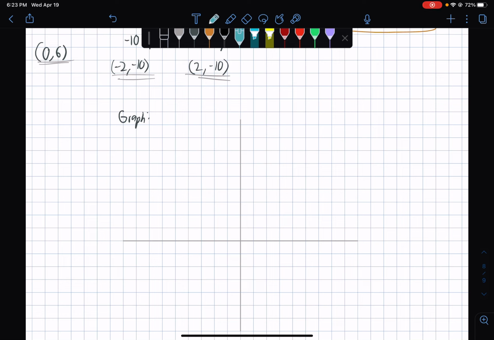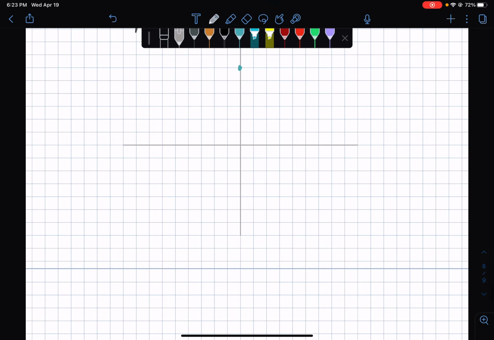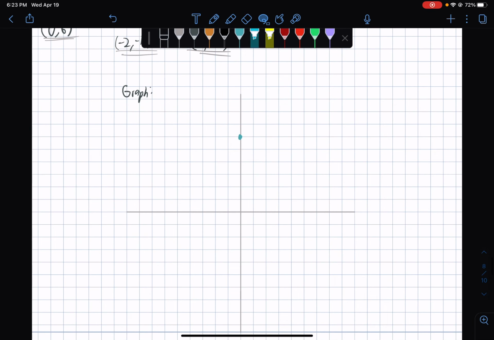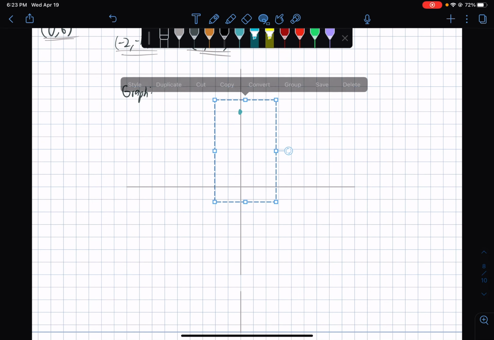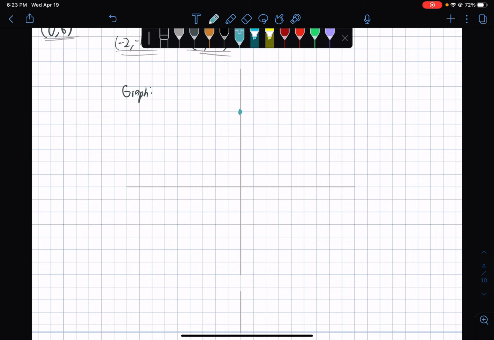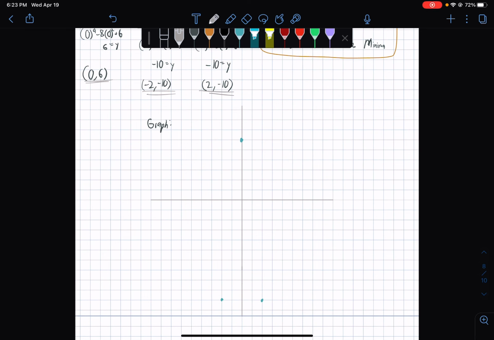So 0, 6, 2, 3, 4, 5, 6, negative 2, 2, 4, 6, insufficient space. 2, 4, 6, 8, 10. And then positive 2, 10. Should look something like this.